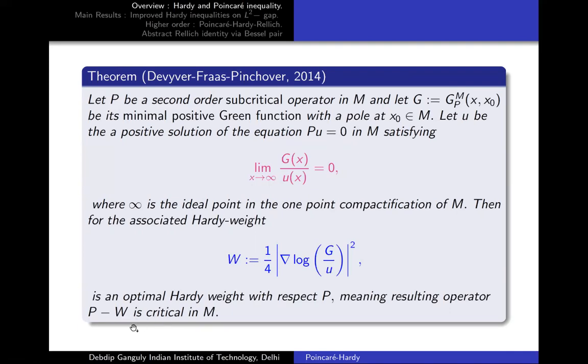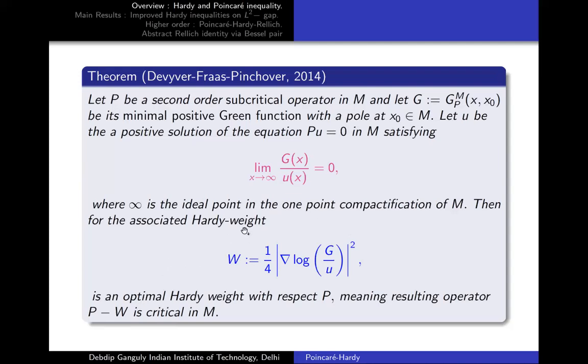That means this is the best possible W one could have. You cannot improve the inequality, that means the inequality PUU is greater than or equal to the integral of W U squared, and that W is the best possible choice of W. This is what they prove, so it is a very general result.